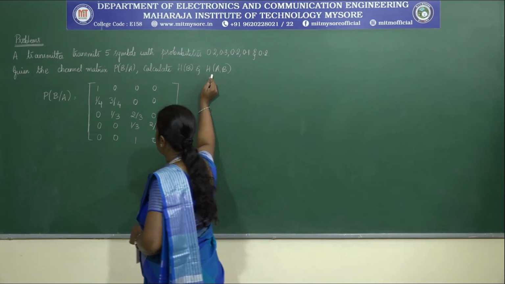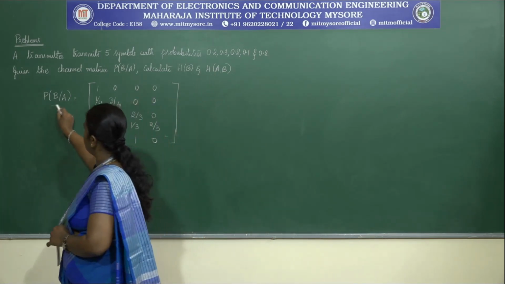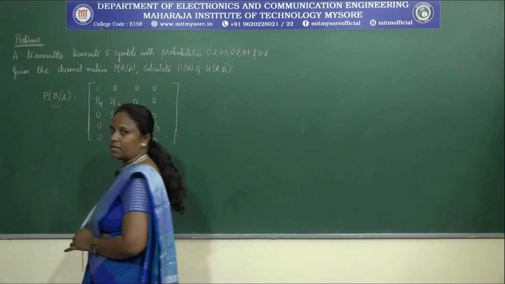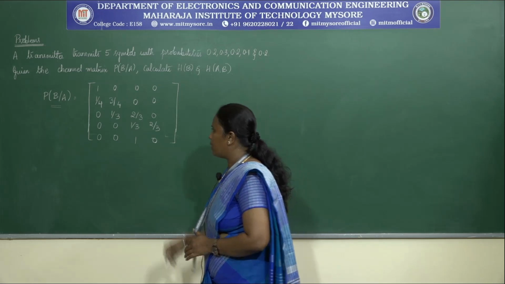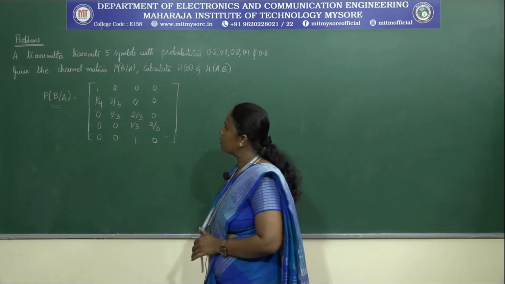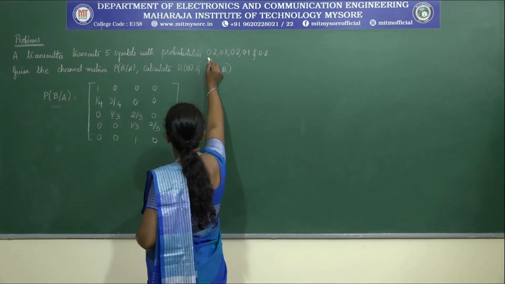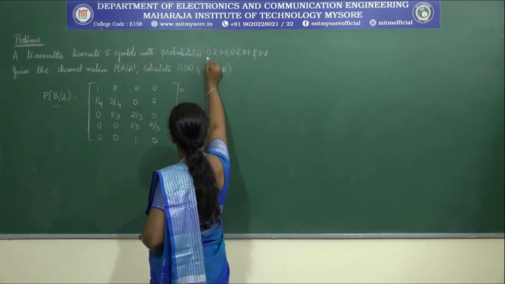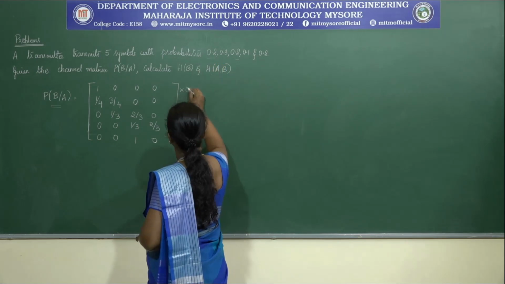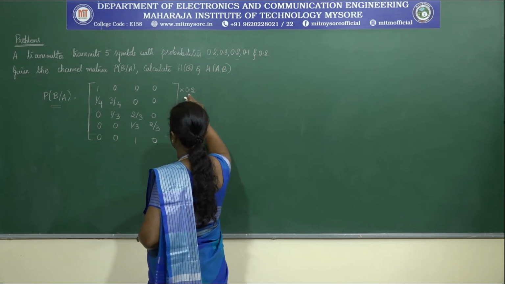So what we need to do here is first convert this conditional probability matrix into the form of a joint probability matrix. For the conversion to the joint probability matrix, we need to multiply the first row by the first probability which is given, that is 0.2.